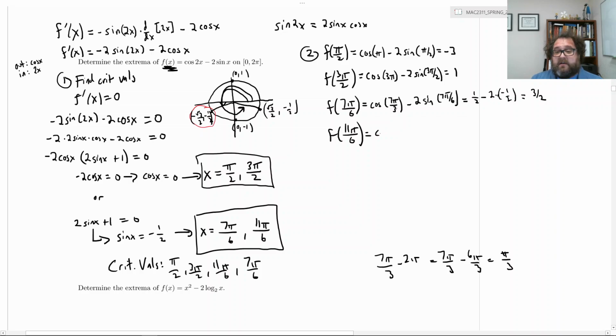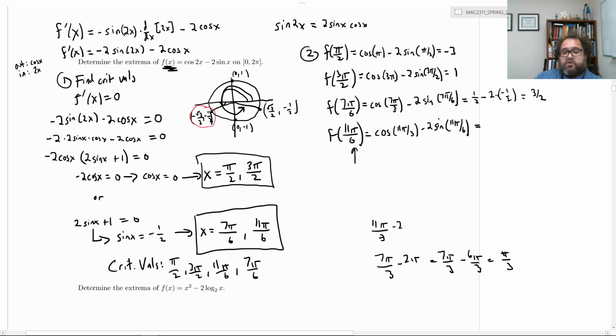Okay, so we plug in. It's cosine of 2 times 11 pi over 6. So we multiply this argument by 2. That gives us 11 pi over 3, minus 2 times sine of 11 pi over 6. Now, just like before with 7 pi over 3, what's 11 pi over 3 coterminal to?